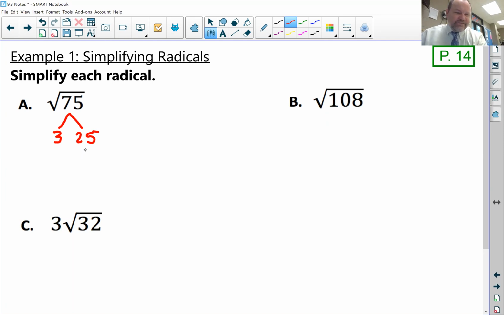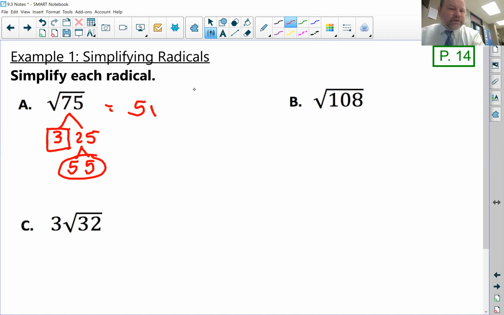So then I check 5. It ends in a 5, so 5 is a factor. And actually 5 times 5. Circle my factor pairs. Box the ones that don't have a pair. One 5 goes outside, the 3 goes inside.